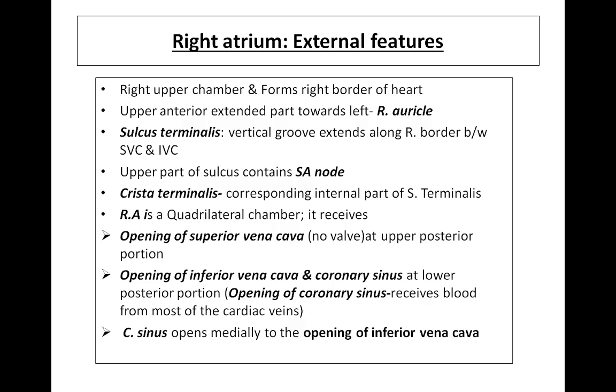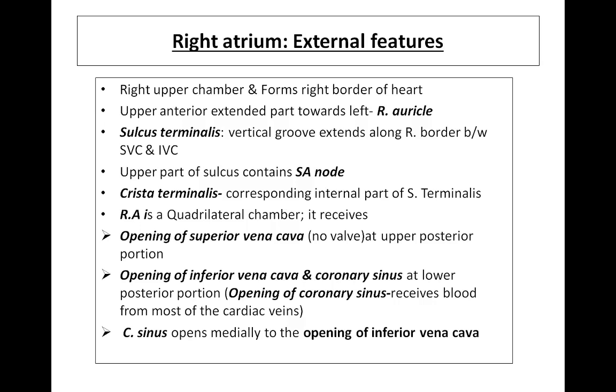At this meeting point, there is one sulcus that is called the sulcus terminalis. Now, what is the importance of this sulcus terminalis? In the upper part of the sulcus terminalis, we have the SA node or sinoatrial node. Now, externally, if we have a sulcus, suppose this is the right atrium and this is the anterior surface of the right atrium.